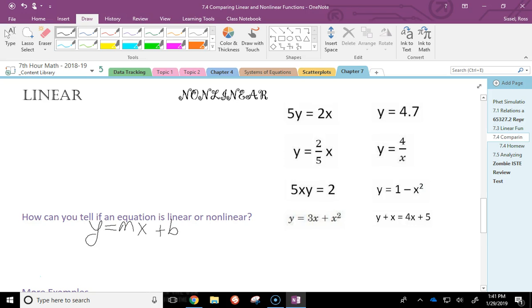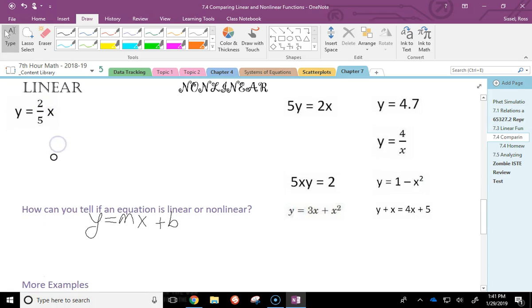So, looking at this one for sure, y equals 2/5 x. My slope is 2/5. So that one is for sure my slope-intercept. This one will be a horizontal line.